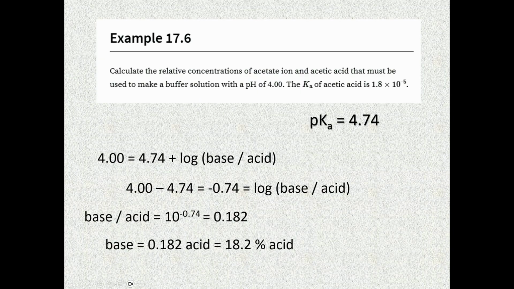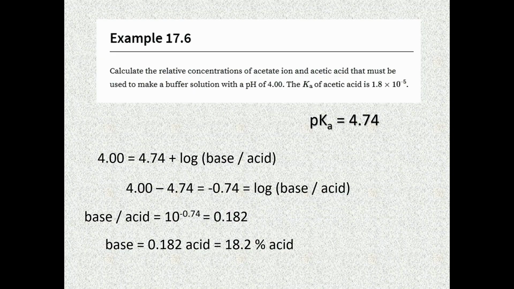So 18.2% acid versus 100% base. I don't have a great ratio there. 0.182 acid versus 1 base is not a really good balance, but it's how I get that pH down to 4. And it will work.